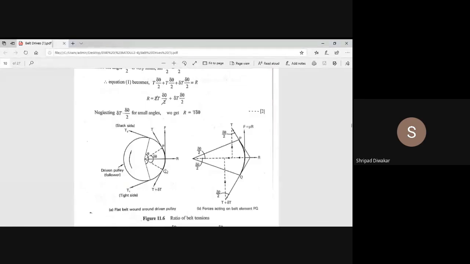Next, now let us consider one small element. You see the dotted line here. Let us consider one small element PQ of this belt drive, and the angle is delta theta for this element.